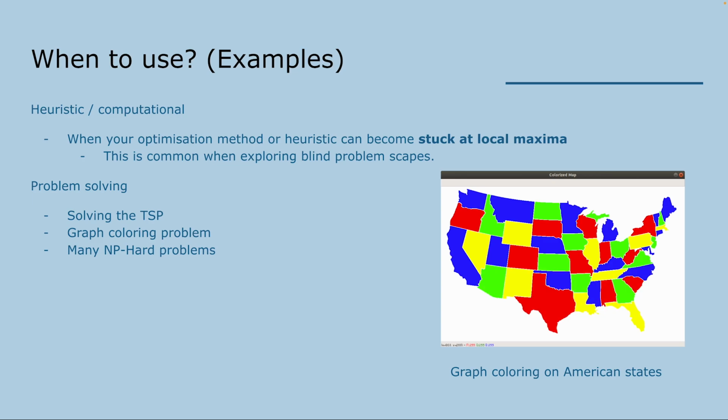Relating to specific problems, we have the traveling salesman problem and the graph coloring problem, which are both NP hard problems. So that means that we can't really get a perfect solution without checking the other solutions. Using this optimization technique, we can explore the blind problem landscape and find a global maximum.